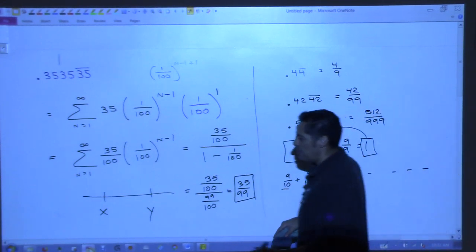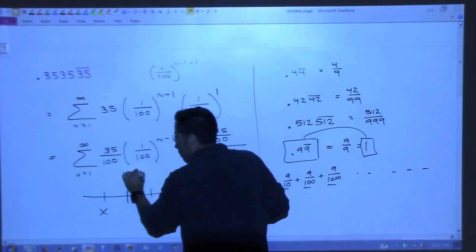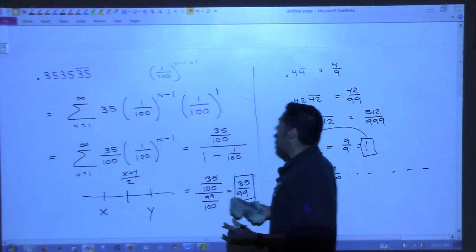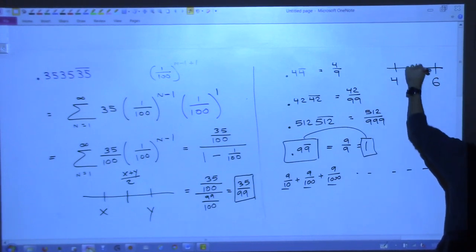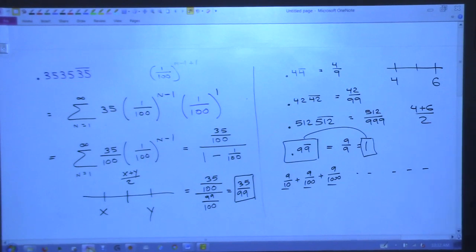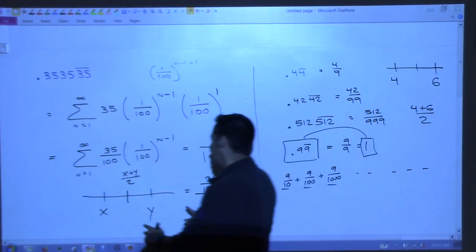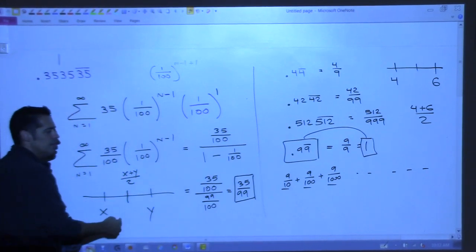I can always find a number in between them, always, by just taking their average. You can do it with a specific example. If you have 4 and you have 6, how do I find the number right between them? I add them up and I divide by 2, right? And I would get the number 5. So if you have two distinct numbers, you can always average them to get the number in between.